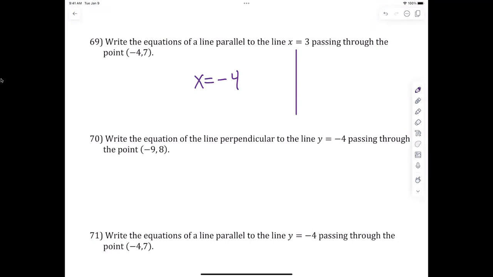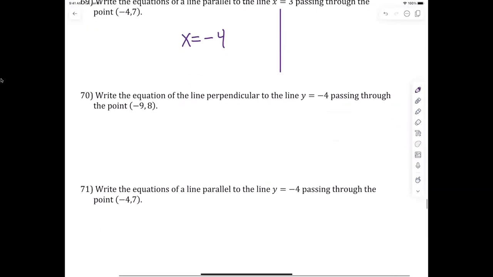Now think about it. Y equals -4, correct? What kind of line is that? Horizontal. So if you are perpendicular to a horizontal, you would be what? Vertical. So everybody should be able to say the answer is x equals -9.